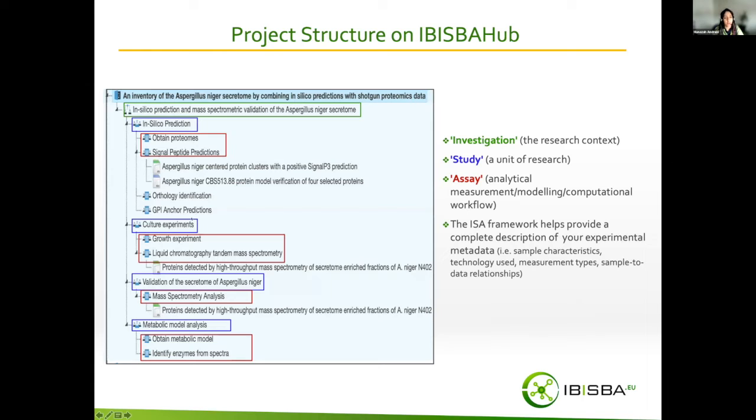So you carry out different tests, different hypotheses during the lifetime of your project to have experiments and to prove your hypothesis. And then each study is associated with assays, which are analytical measurements. They can be experiments, or they can be modeling or computational workflows. So this is how your investigation study assay structure will actually look on the IBISBA Hub.